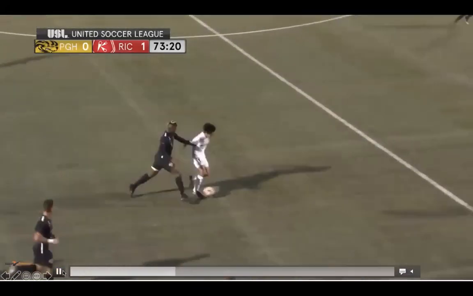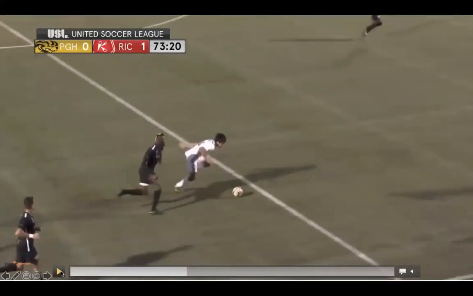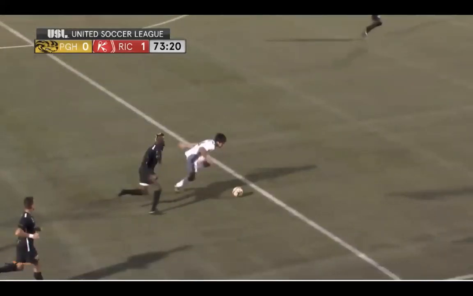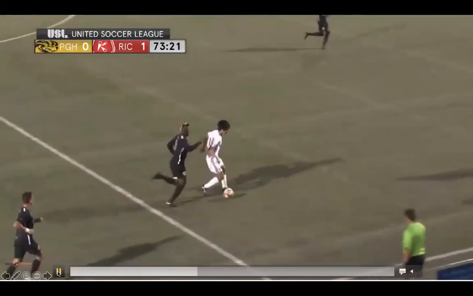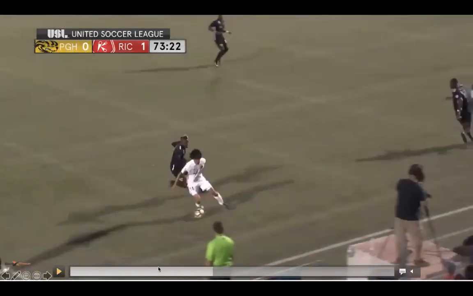So we're going to pause it there and ask, at this moment in time, does he have an advantage? Does he have possession of the ball? Yes, he does. What's the personnel look like? Well, if you fast forward just a second, you can see it's not great. He's basically by himself, right? It's 1-on-3 at least. There's another defender coming, so probably 1-on-4. So no, he does not have a personnel advantage.